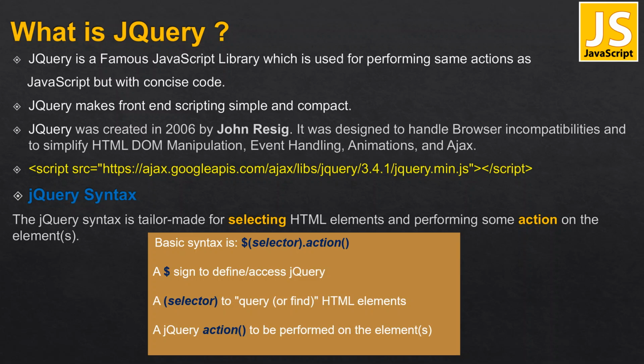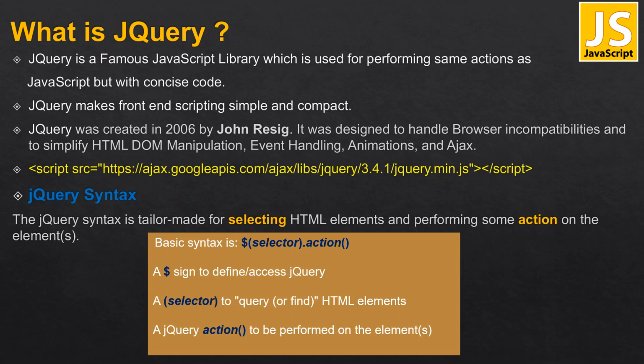There are only two. Number one is selecting the HTML element, and the second step is applying some properties and values. Those are the two basic fundamental steps we use in CSS. The same fundamental steps we are going to use in jQuery also.